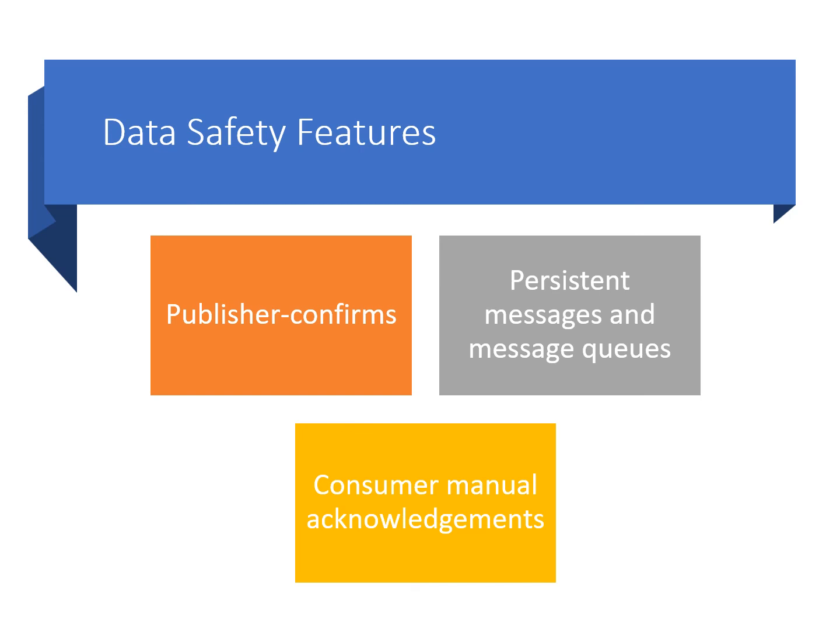Finally, we have consumer manual acknowledgement. A broker needs to know when it can consider a message successfully delivered to a consumer, so it can remove it from the message queue. In RabbitMQ, this occurs either immediately after a message is written to the TCP socket or when the broker receives an explicit client acknowledgement.